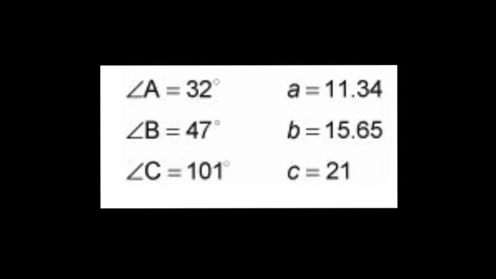These are the final answers to the problem, just in case you couldn't make out my awful handwriting on the board. The cool thing about law of sines is that you can check your answers to make sure they're right.